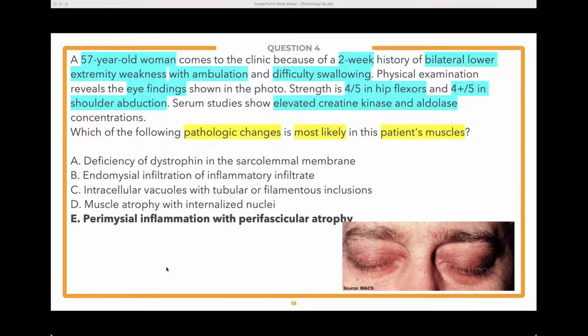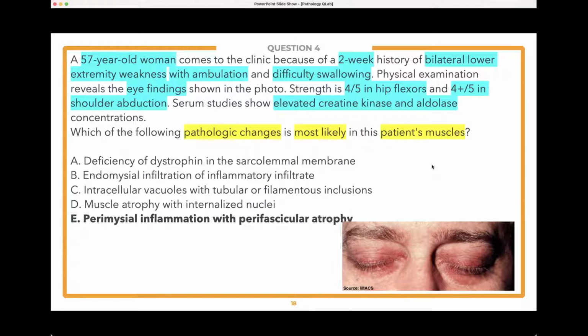On top of that, we know dermatomyositis is a disease that affects the muscles. So, not surprisingly, this patient has elevated muscle enzymes, elevated creatine kinase and aldolase. This patient also has muscle weakness, specifically in the proximal muscles, very consistent with dermatomyositis: hip flexor and shoulder abduction strength is decreased.